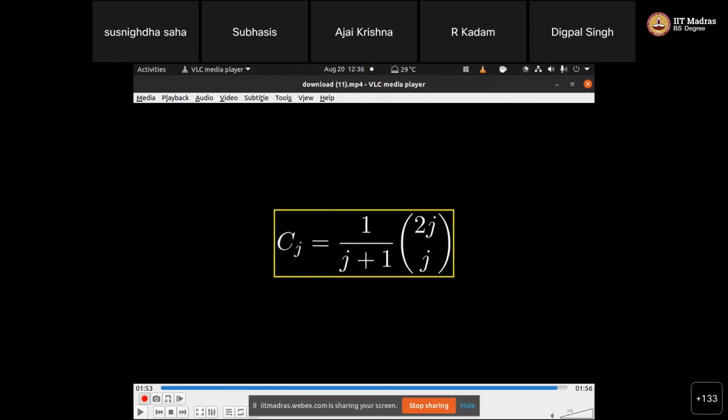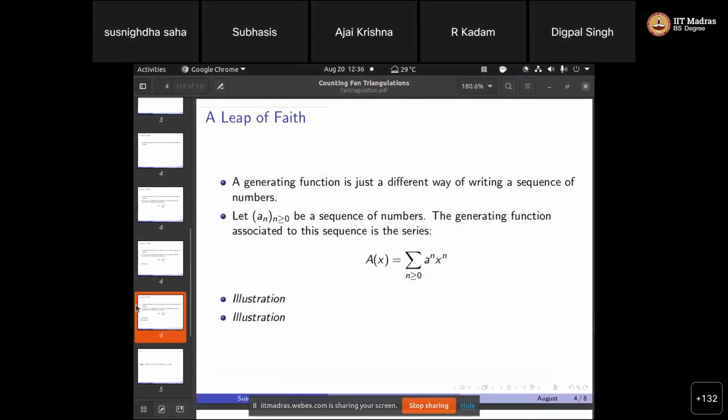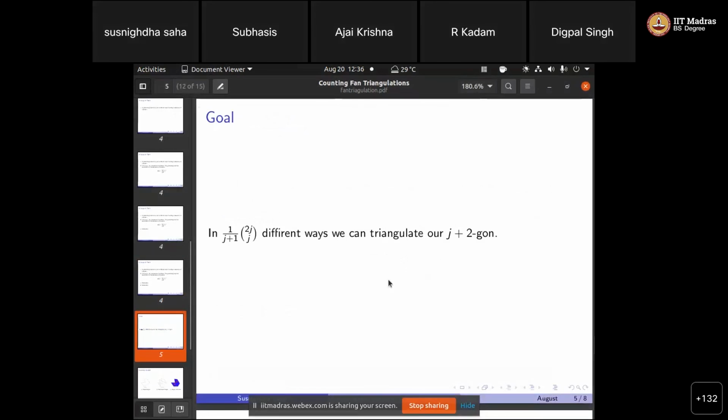You saw how we can use generating functions to solve this problem. This was a discrete problem, and we moved to a continuous scale of real numbers and used that to handle this problem.